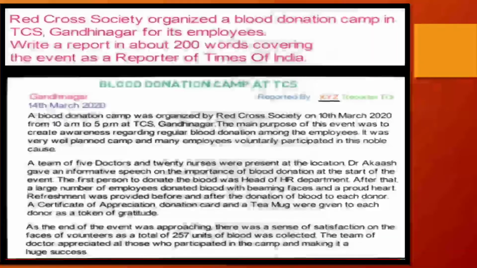That is for a newspaper. After this, again a blood donation camp in your school. So for the school, when you're writing: Red Cross Society organized a blood donation camp in TCS Gandhinagar for its employees. Write a report in about 200 words. Again I'm telling you, this is a long composition, so you can just take a screenshot if you want, but when you start writing things, everything is clear to you.